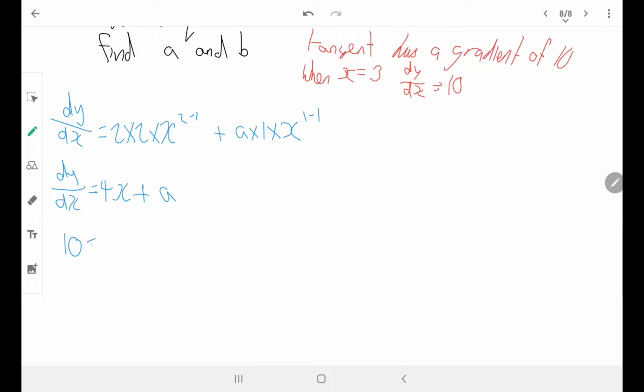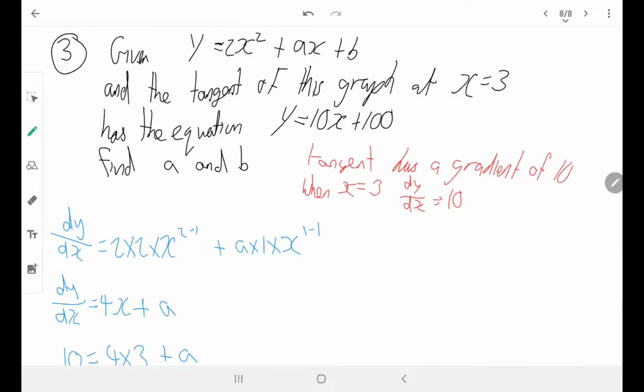10 equals 4 times 3 plus a, or 10 equals 12 plus a. And therefore a equals minus 2. Okay, now we have the equation y equals 2x squared plus ax plus b. We now actually know what a is.